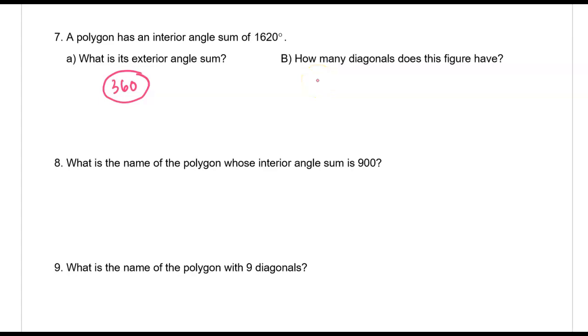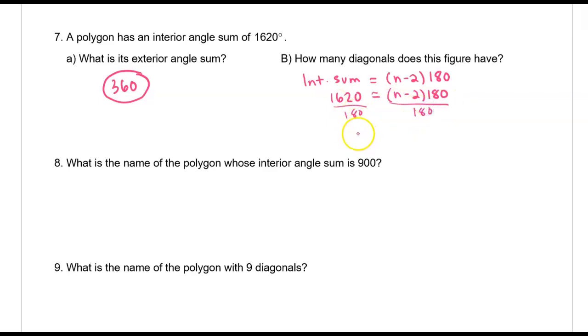Since we were given 1620 is the interior angle sum, I'm going to use the formula for the sum of the interior angles, which is n minus 2 times 180. So since that sum is 1620, I'll let 1620 equal n minus 2 times 180. The next step would be to divide both sides by 180.